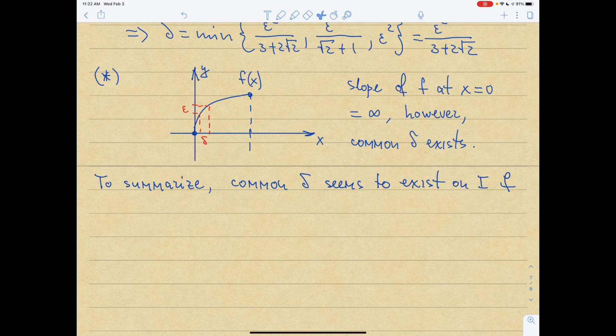We see a square root of x, which is a continuous function on a closed interval from 0 to 1, right? And a common delta exists.